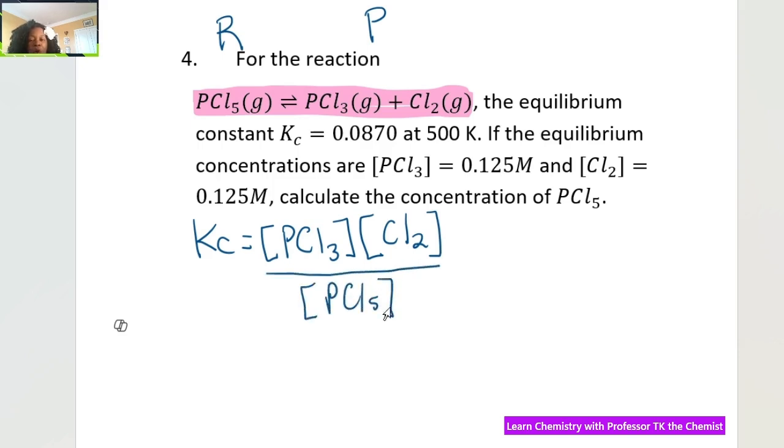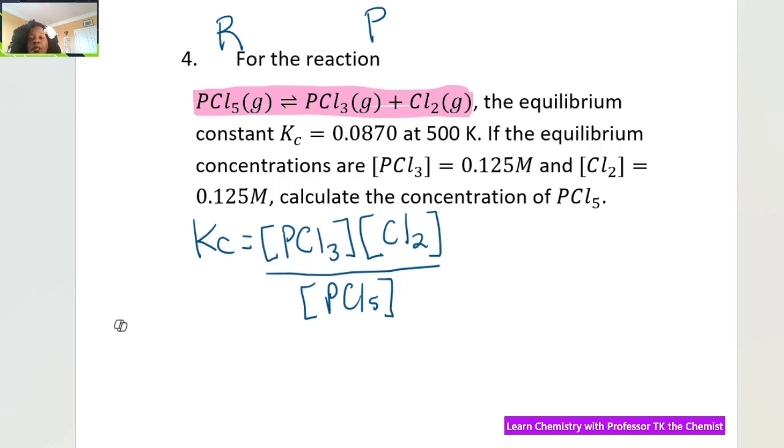Notice we do not have any coefficients in our balanced equation, therefore we do not need any exponents.